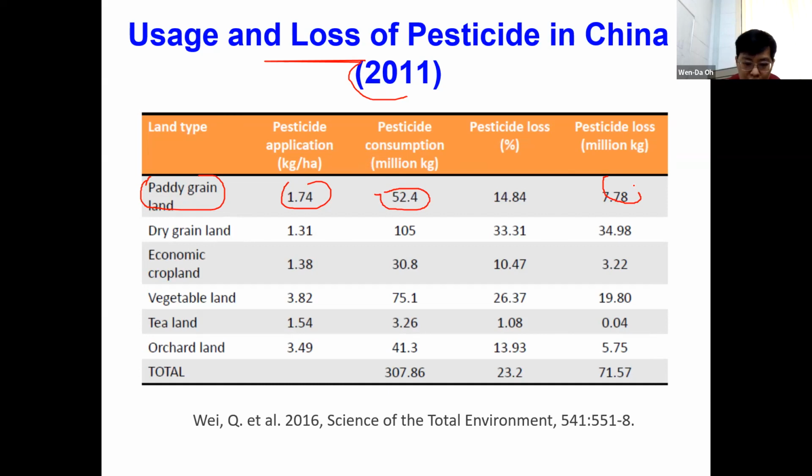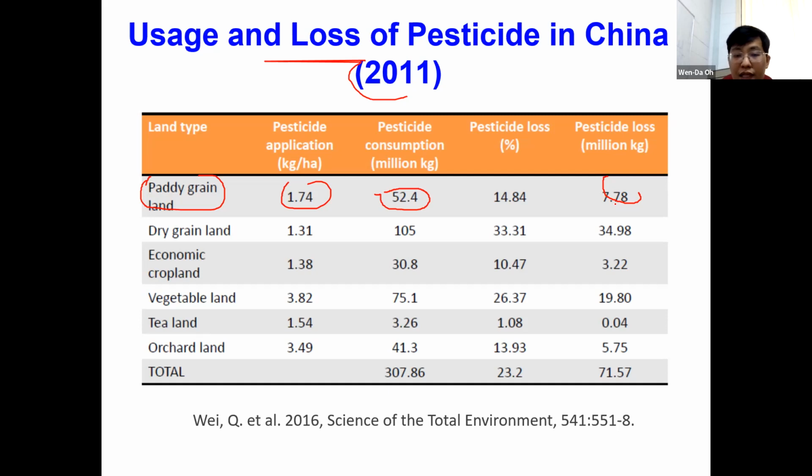Okay, so of course the uninformed people, they look at this 7.78 million kilogram loss, they'll of course be very concerned, right? Because they will say that these chemicals are in the environment, causing harm. But most of the time, this is not the case, because today most of the pesticides are designed to be biodegradable.